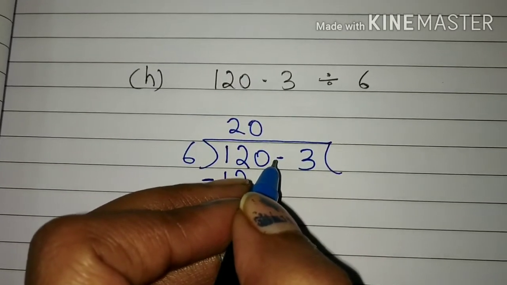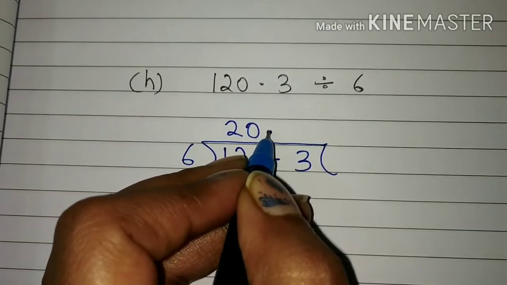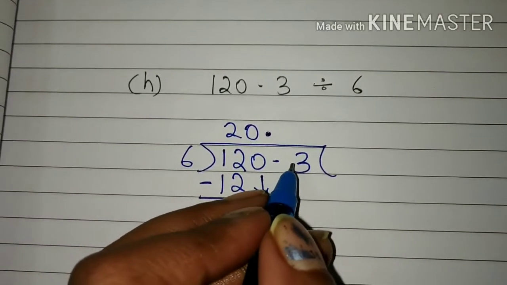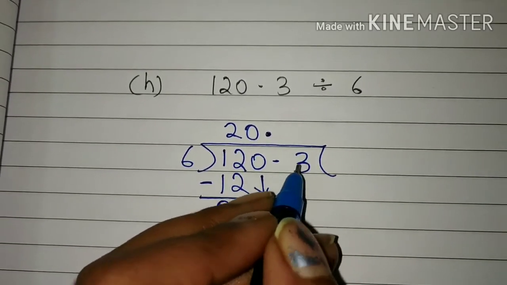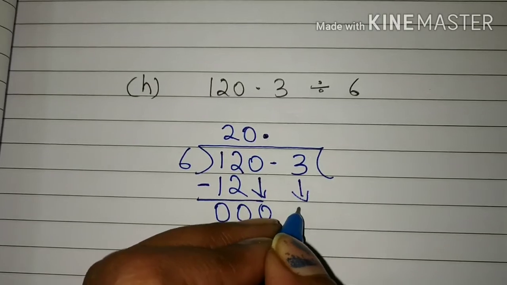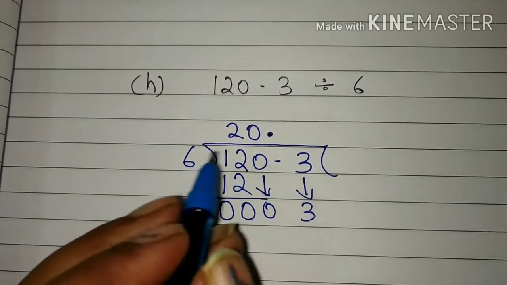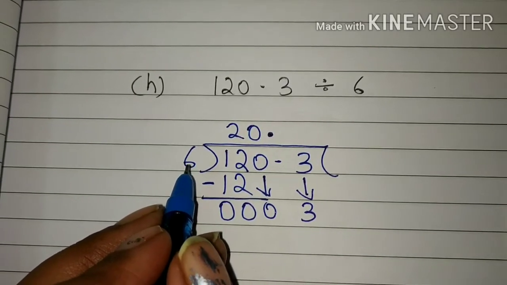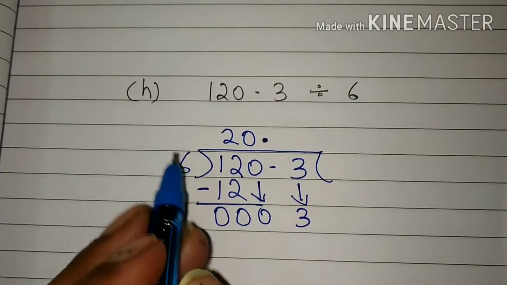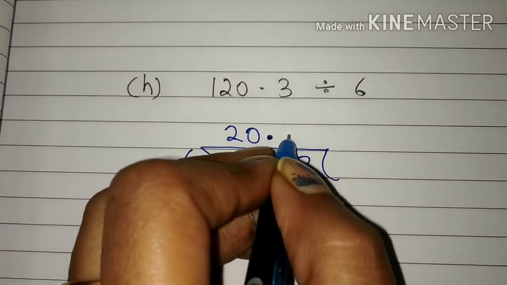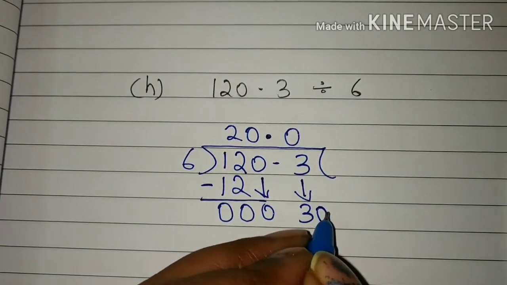Now students, you can see here is a decimal point, so here also we will put a decimal point. Now we will copy down the next number, that is 3 here. Students, 3 cannot be divided by 6 because 3 is not coming in the table of 6. So we will write 0 here and then write 0 here.